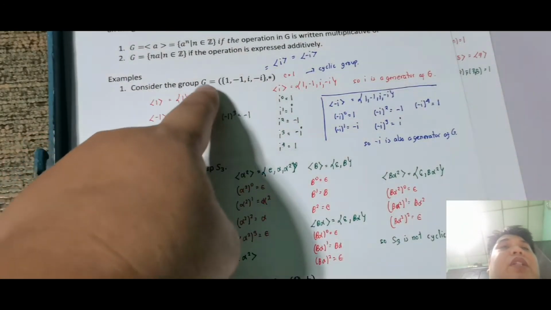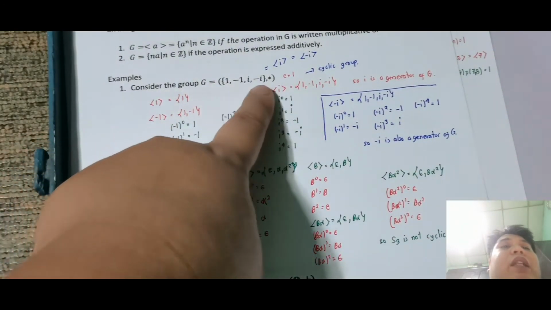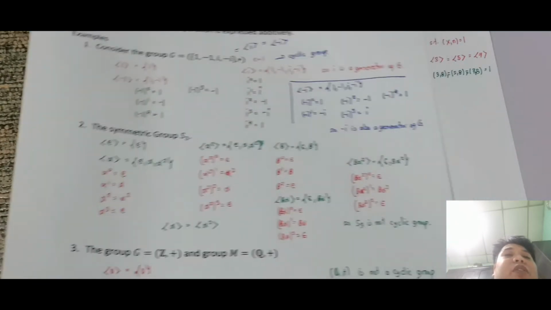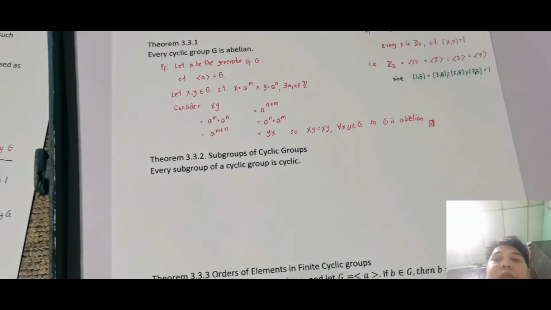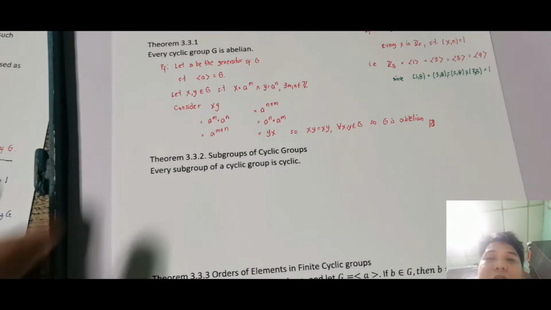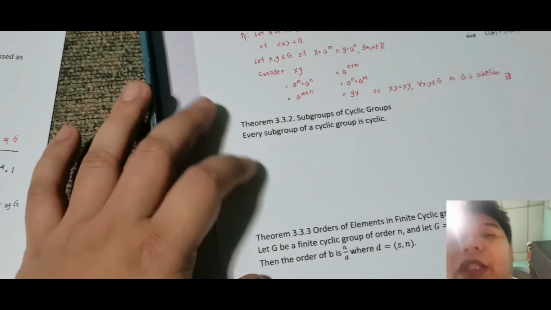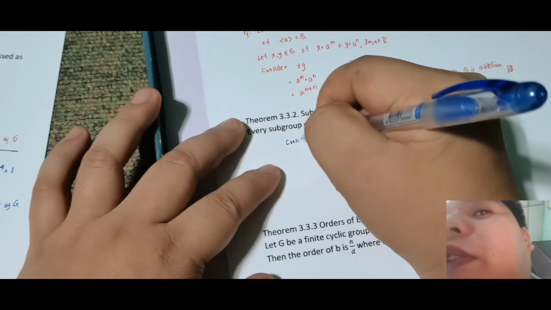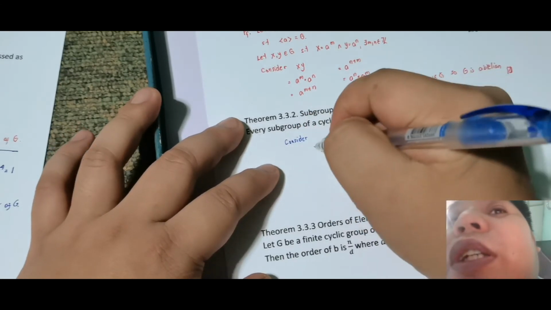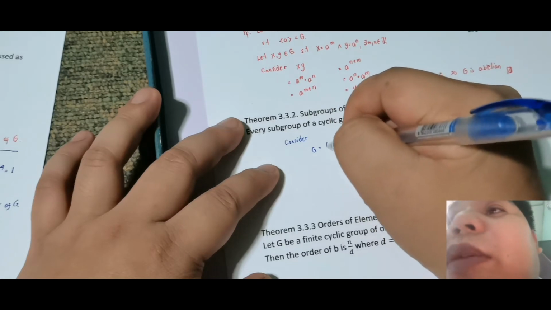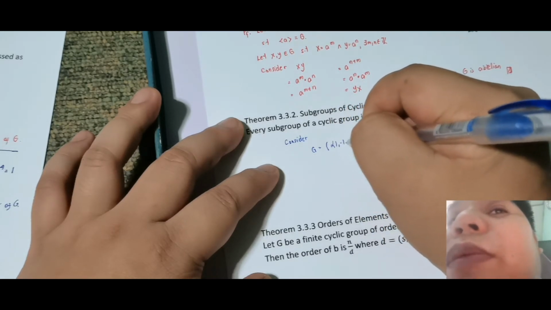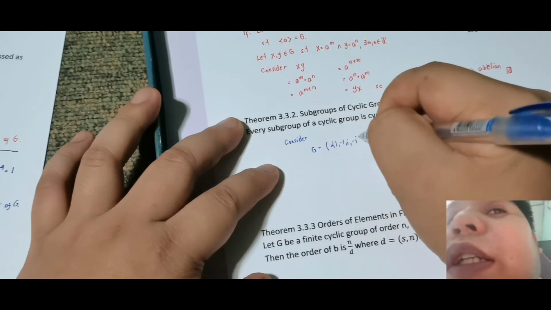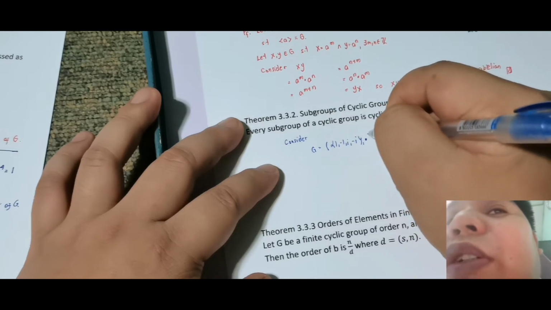So, consider natin si G na si 1, negative 1, i, and negative i, comma multiplication. So, ang sabi niya, yung subgroup daw niya is cyclic. So, aside dun sa sarili niya. So, consider natin to si G kung saan ang laman is the set containing 1, negative 1, i, and negative i, comma multiplication.